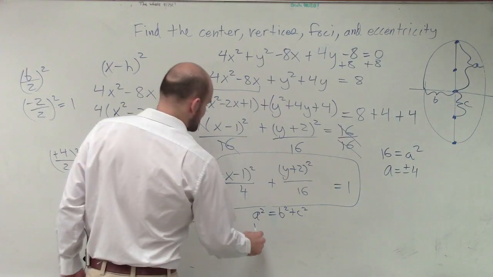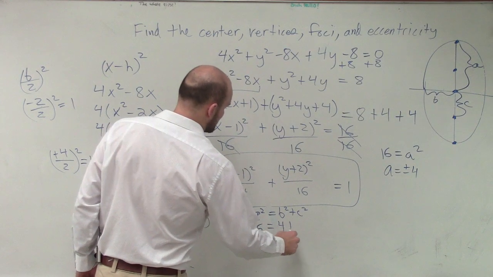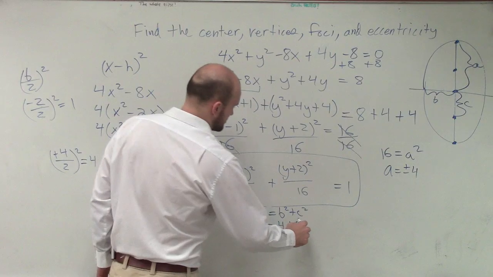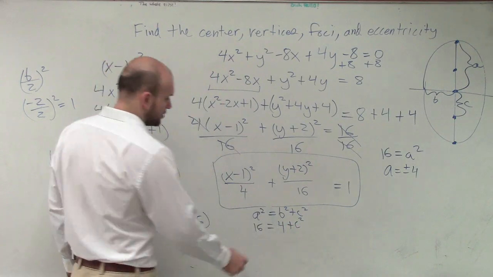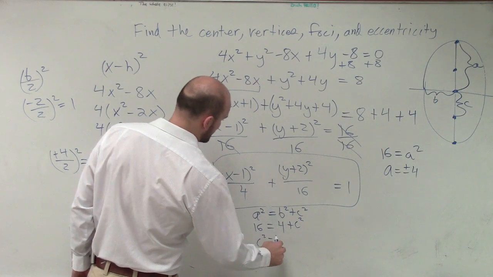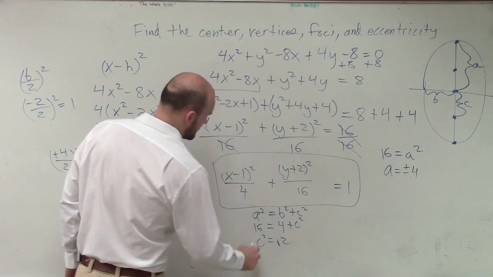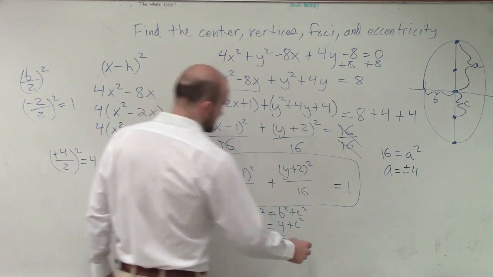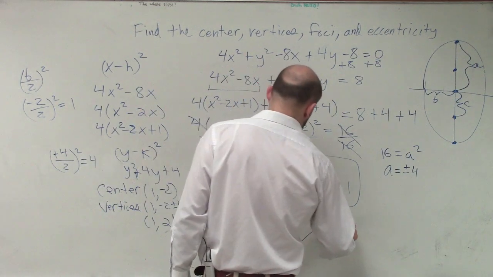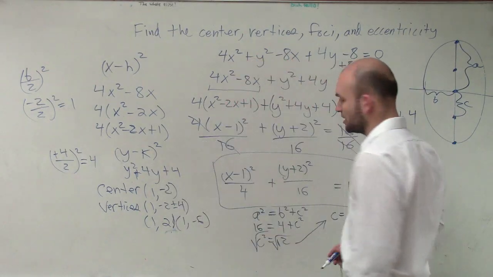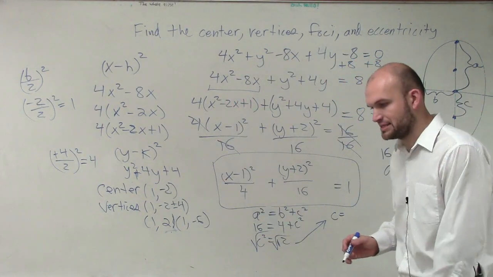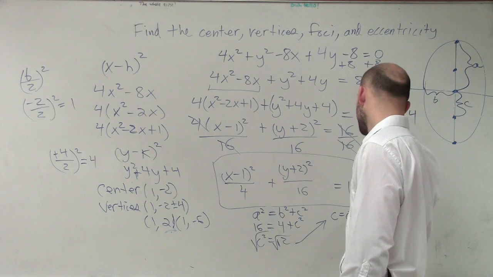Yes. 16 equals 4 plus c squared. So by doing a little bit of work, we could say c squared equals 12. Take the root of both sides, and I could say c equals the square root of 12. We can reduce that down to 2 radical 3.